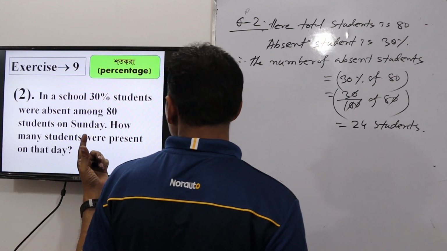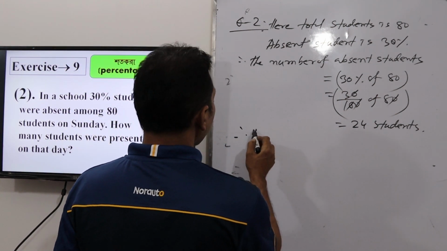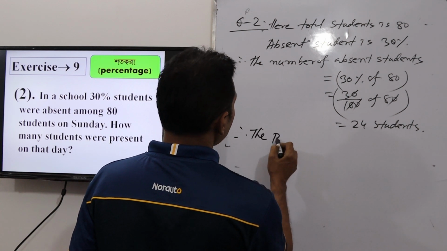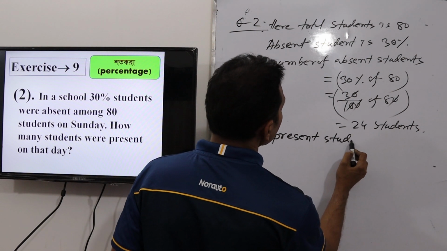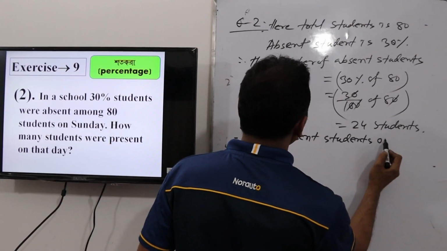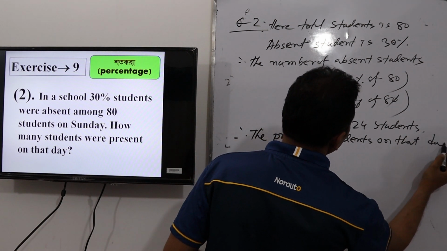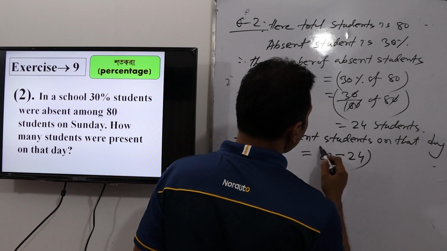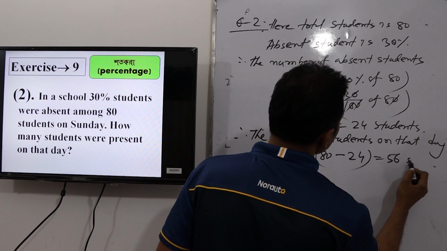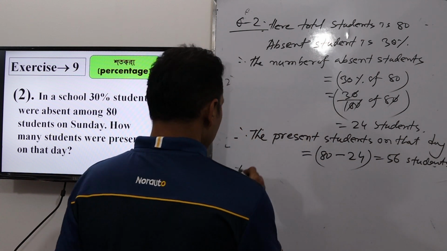How many students are present on that day? Therefore the present students on that day equal 80 minus 24, which equals 56 students.